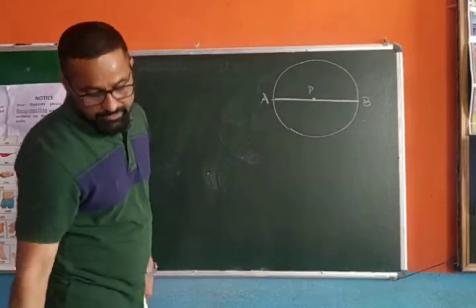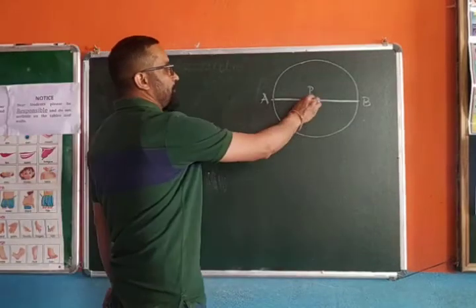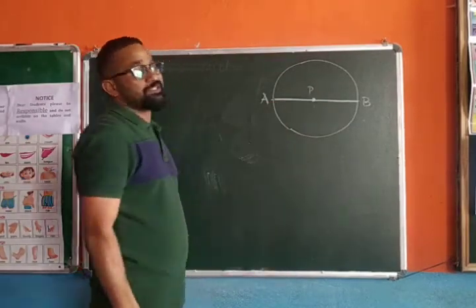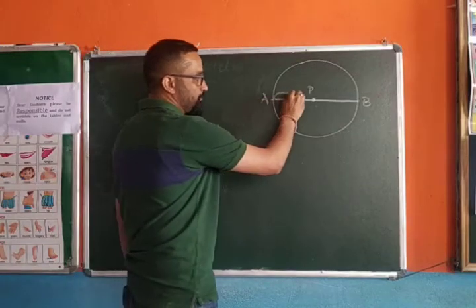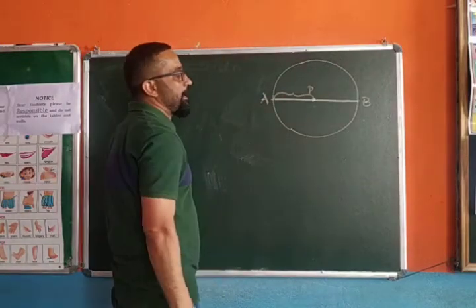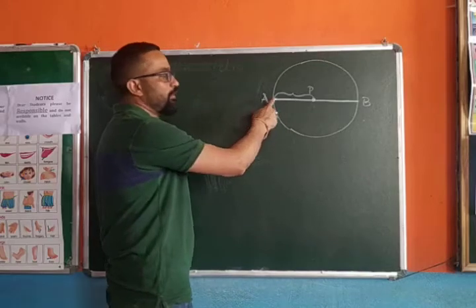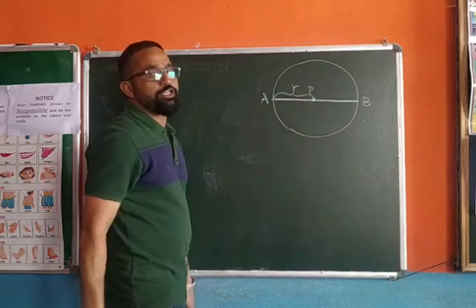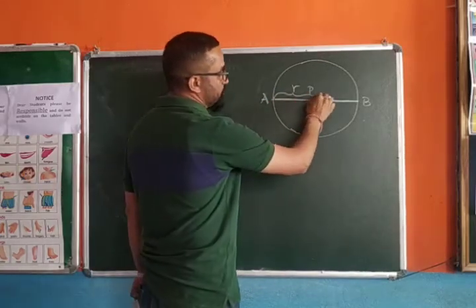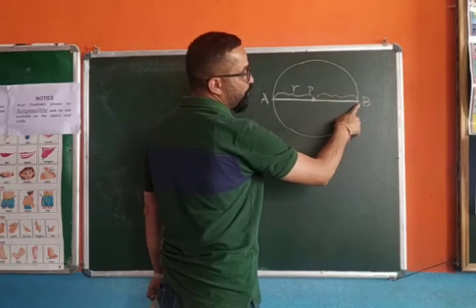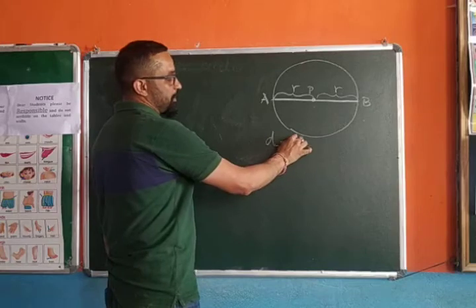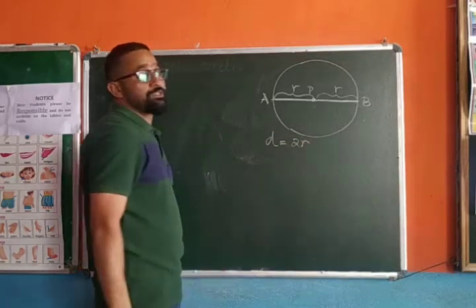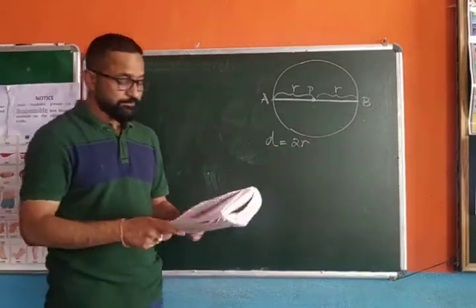So if you look at the diagram here, P is the center of the circle, A is a point, and the distance between the center and the point on the circumference is known as radius. The distance from the center to a point on the circumference is radius. So diameter is equal to twice the radius.